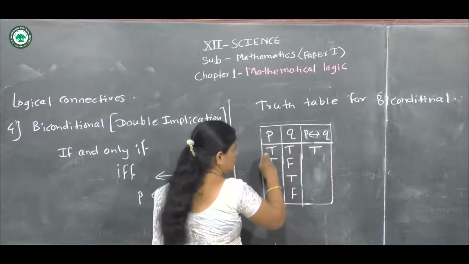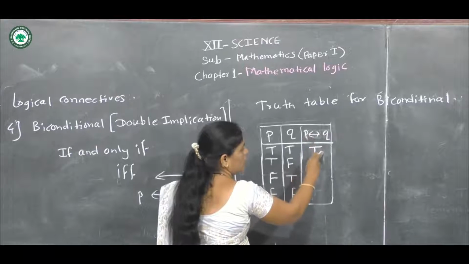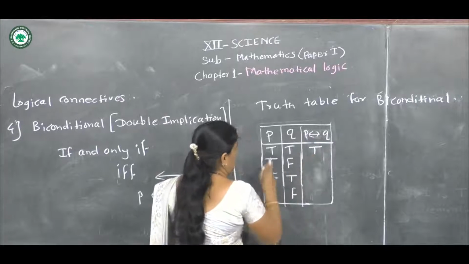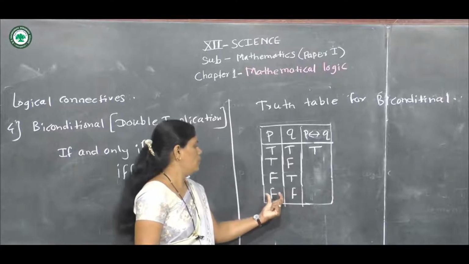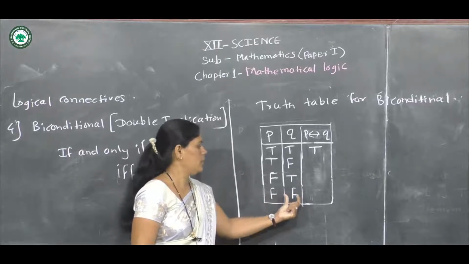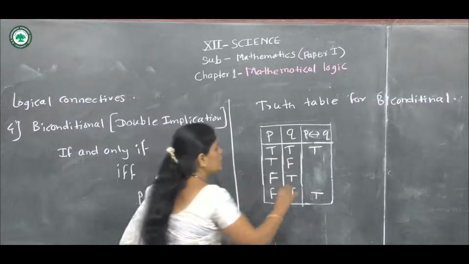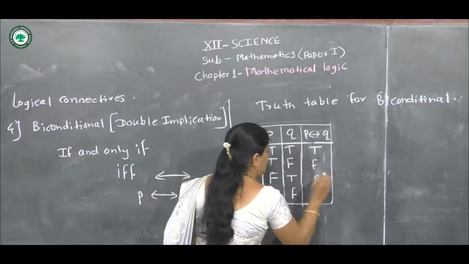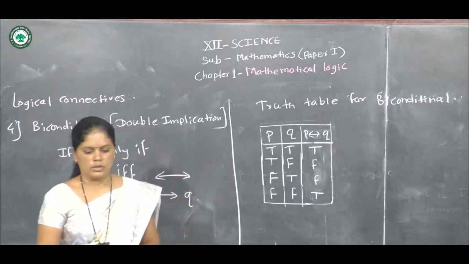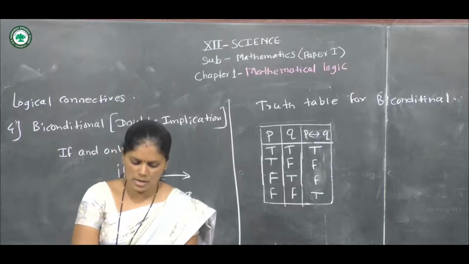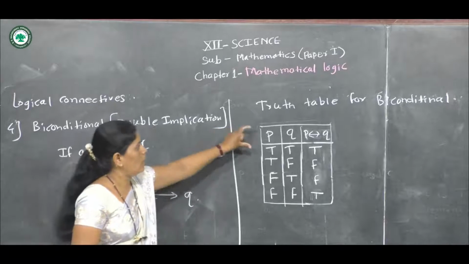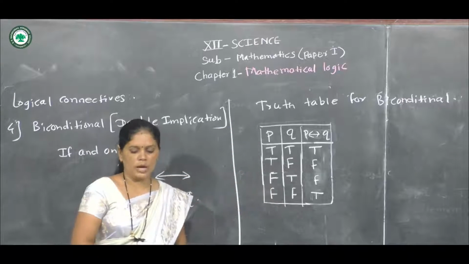If both P and Q are T, the double implication is T. If both are F, the double implication is also T. Otherwise it is false. This is our truth table for the biconditional.